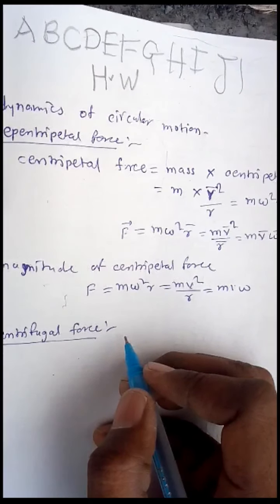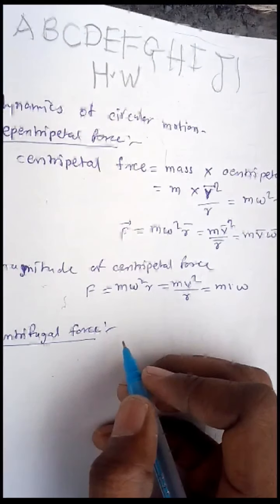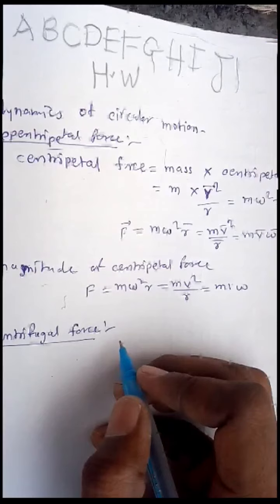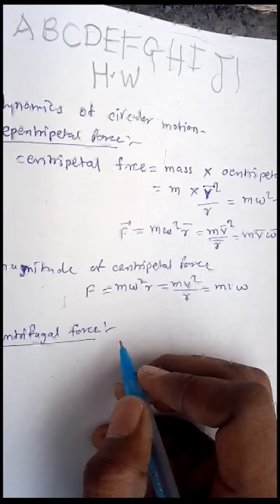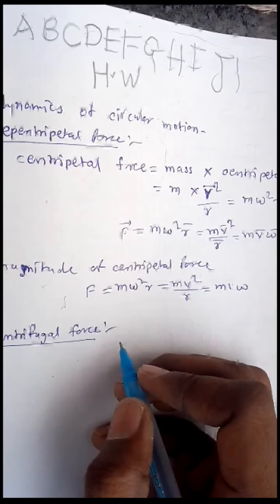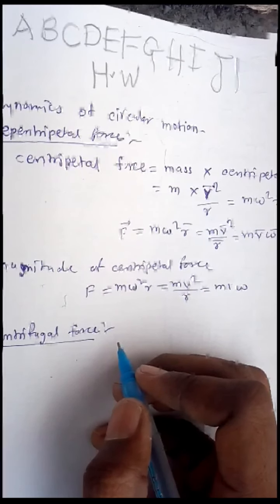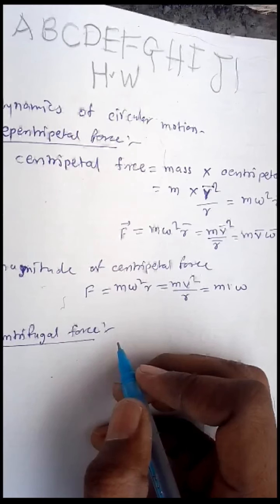You feel that you are at rest, but we know that you describe circular motion. Before reaching uniform speed, the merry-go-round is in accelerated motion.